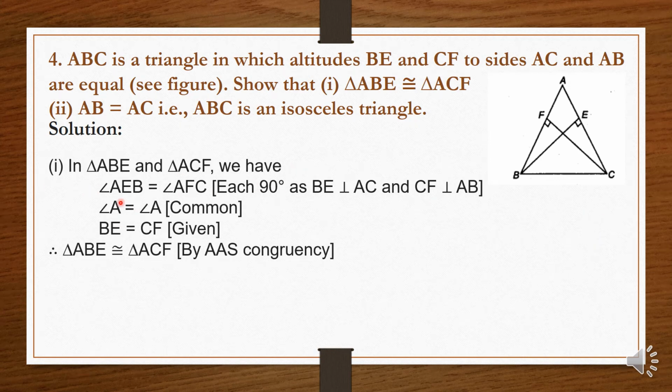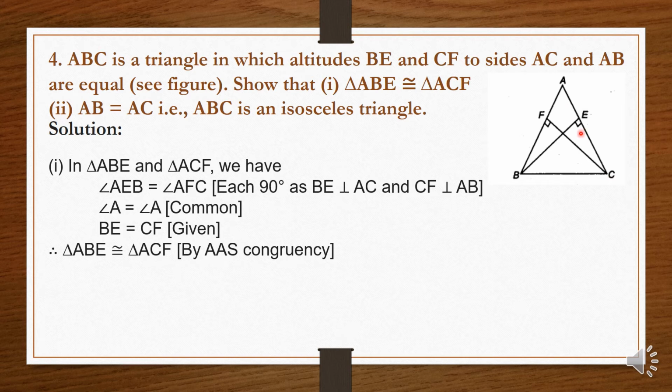So, in the two triangles we have written that the two angles are 90 degrees as they are perpendicular, then angle A is common and BE is equal to CF as it is already given. Therefore, triangle ABE is congruent to triangle ACF. Then we have to prove that AB is equal to AC, that is, ABC is an isosceles triangle. To prove AB equals AC, we can see that in triangles ABE and ACF, we have the sides AB and AC.